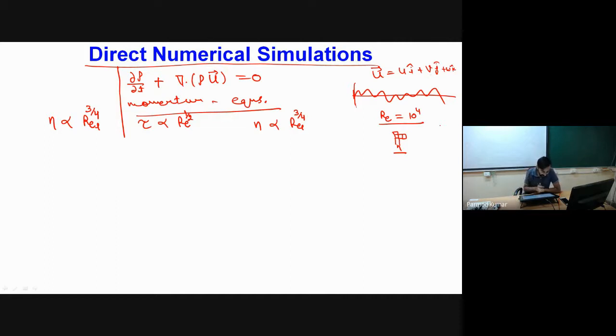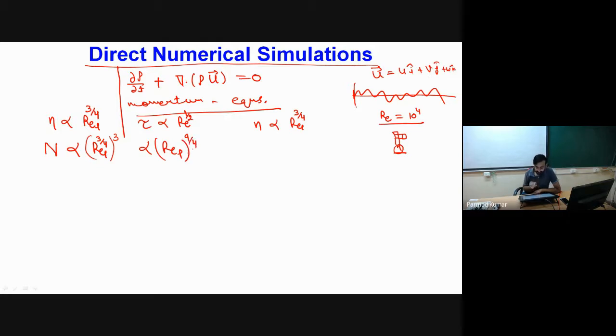So the total number of meshes is proportional to Re_L to the power 3/4 in a single direction, and in all 3 directions it will be the power 3.